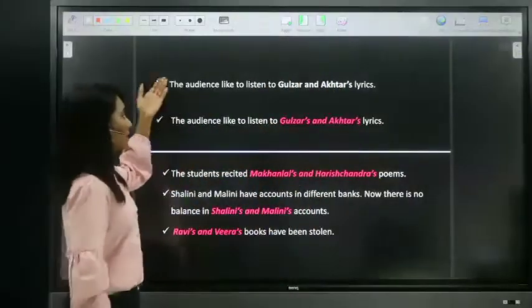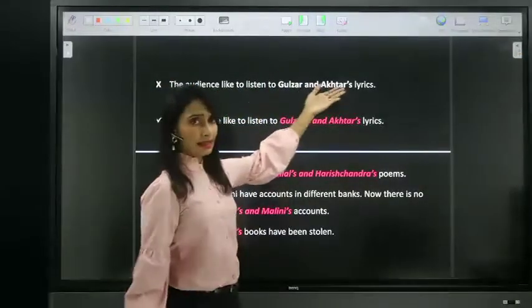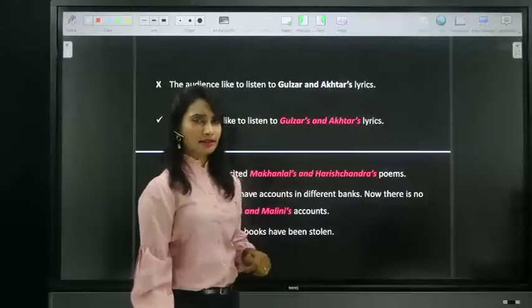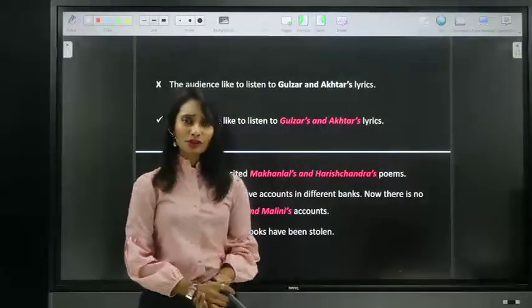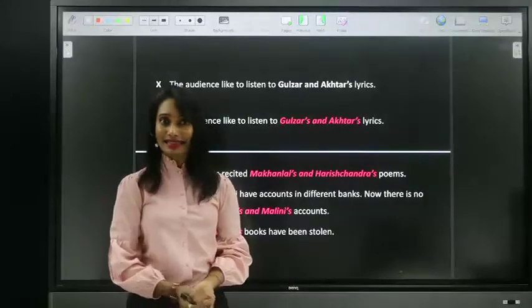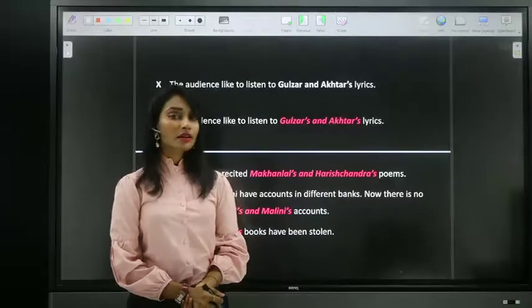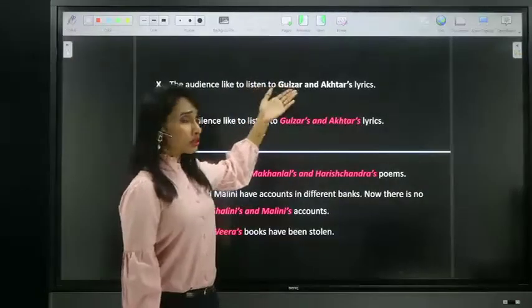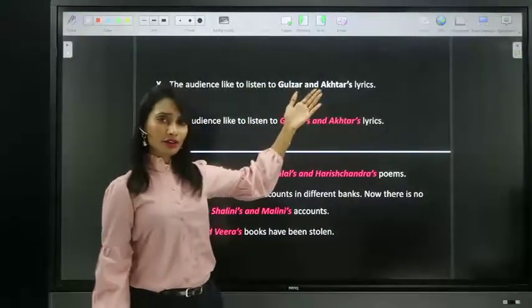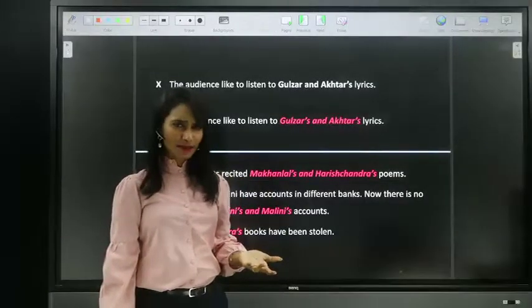Look at this one. The audience liked to listen to Gulzar and Akhtar's lyrics. Now, you know Mr. Gulzar and Mr. Javed Akhtar. Both are lyricists. Now, the question here is, do both Gulzar and Akhtar write lyrics for the same songs?